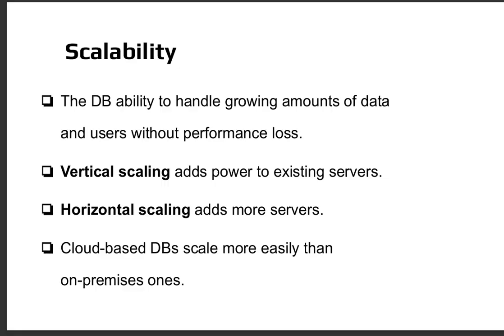Horizontal scaling is adding additional servers. This will be including additional databases in the entire array. A cloud-based database is going to scale easier than on-premises because the cloud service provider, the CSP, will have more resources available to an increased need in capacity.